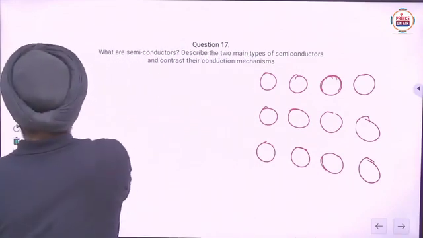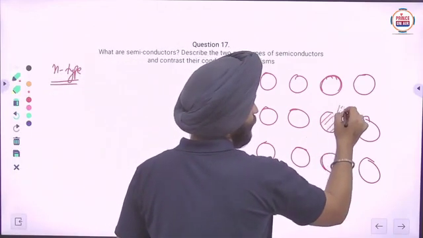So I am just considering it is the element of group 15.